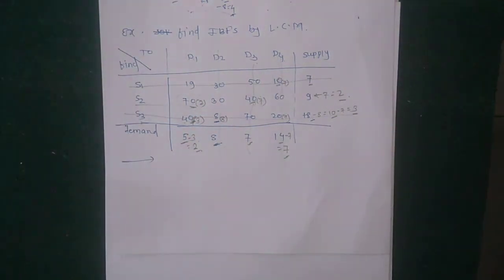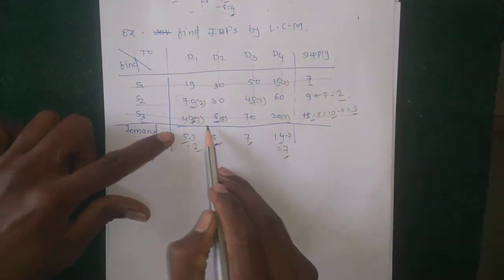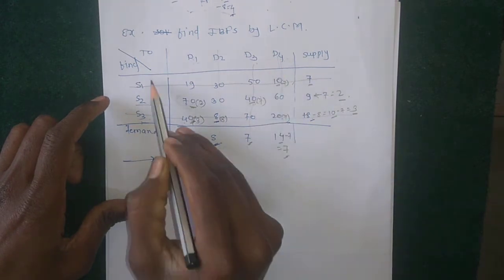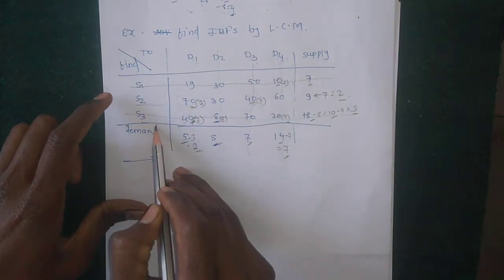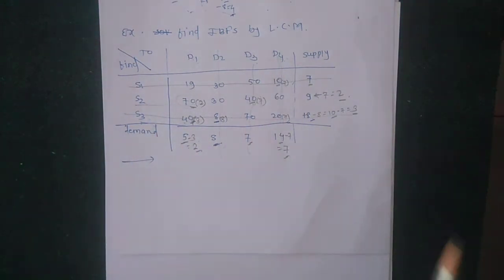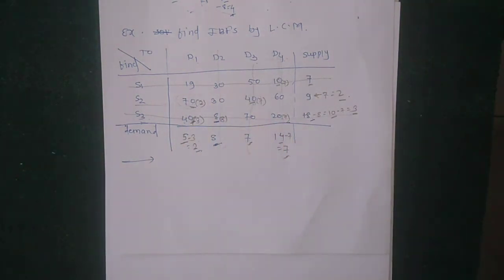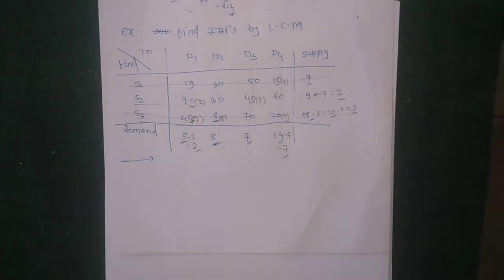Okay, in this way, the number of allocations is 1 2 3 4 5 6. Here the number of columns is 4, the number of rows is 3. Now 4 plus 3 is 7 and minus 1 is 6. Number of allocations is equal to m plus n minus 1, that is sum of rows and columns minus 1.